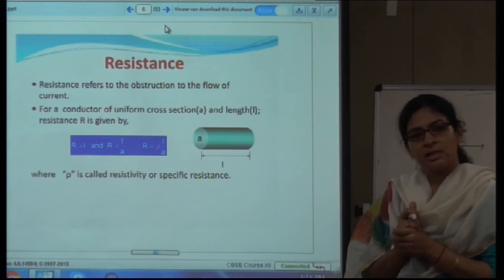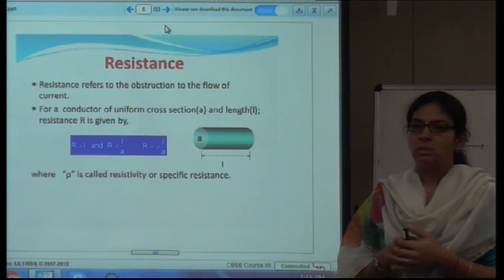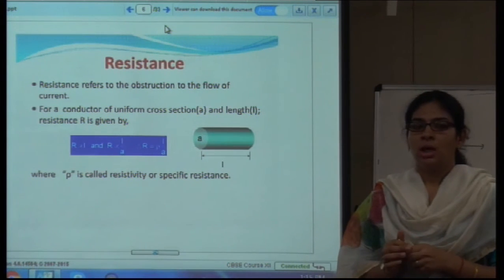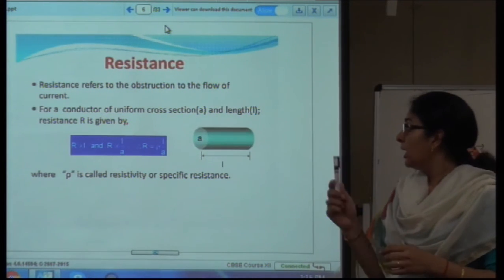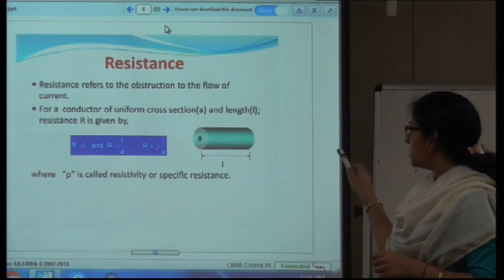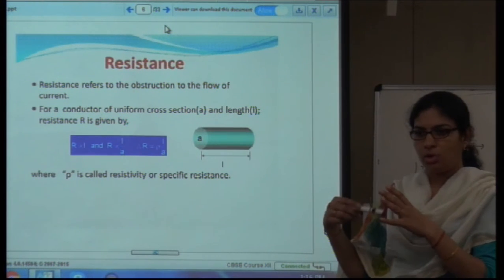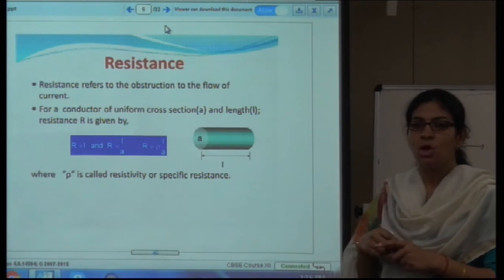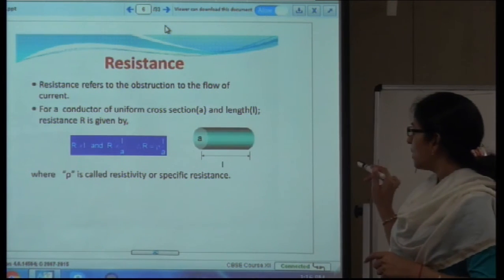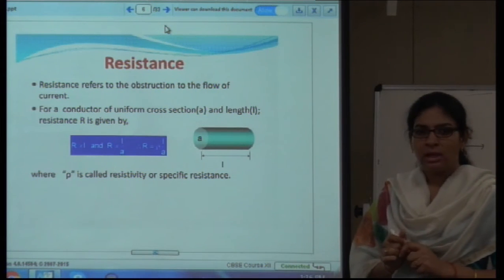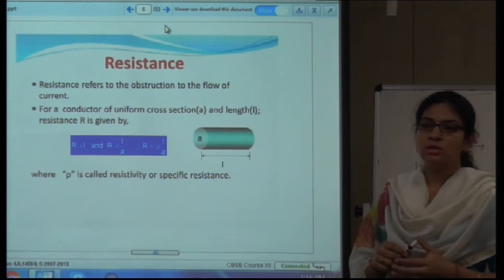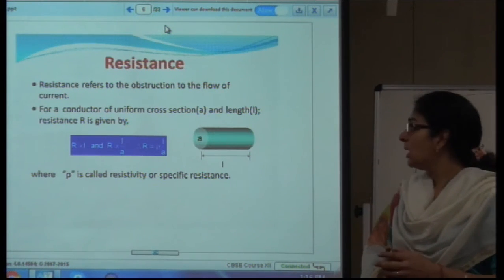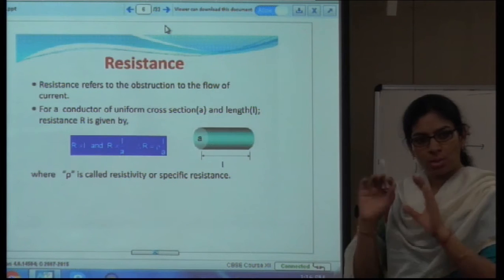So resistance, all of you know, is nothing but the obstruction to the flow of current. A current is flowing. If you have a tube or a wire like this with uniform cross sectional area A and length L, the resistance of any such wire is directly proportional to the length.